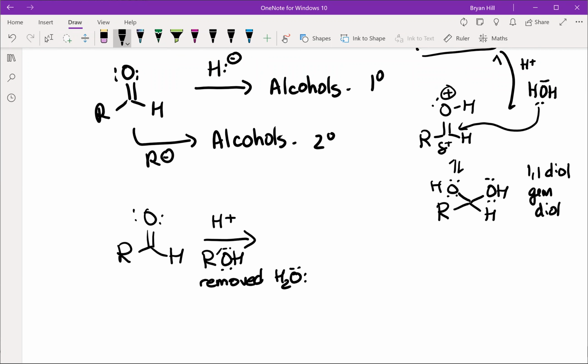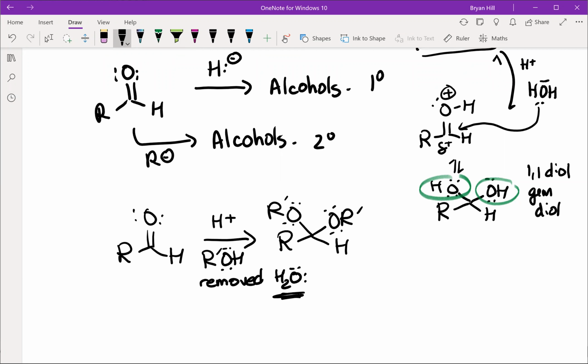And basically, instead of having two OH groups here, the alcohols basically attack the carbonyl twice, so to speak. The leaving group in the end is water.